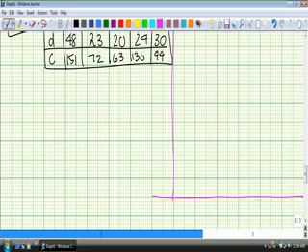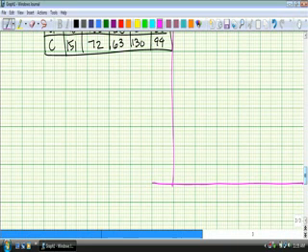Alright, so circumference goes at the bottom. I'm sorry. Circumference goes on the side. And the diameter goes on the top. Oh, at the bottom. Man.